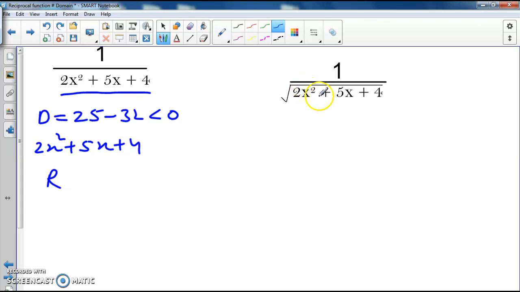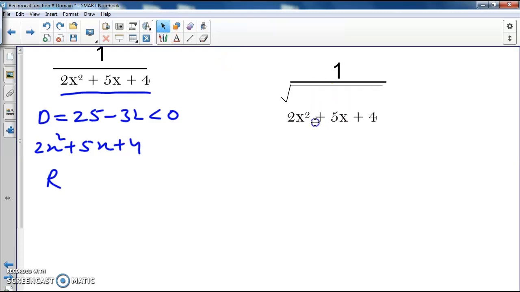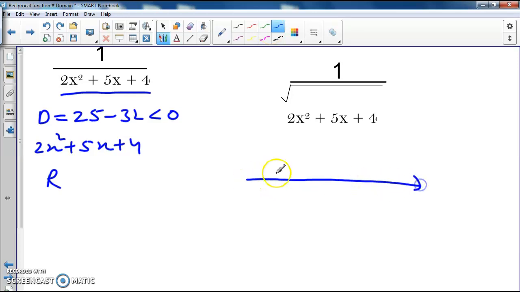Now next one is 1 upon square root of 2x square plus 5x plus 4. Again we have checked that 2x squared plus 5x plus 4 is equal to 0 has no real roots. So if we plot the graph of 2x squared plus 5x plus 4, it is an upward parabola, and it will never cut the x-axis, so the parabola will always be above the x-axis.